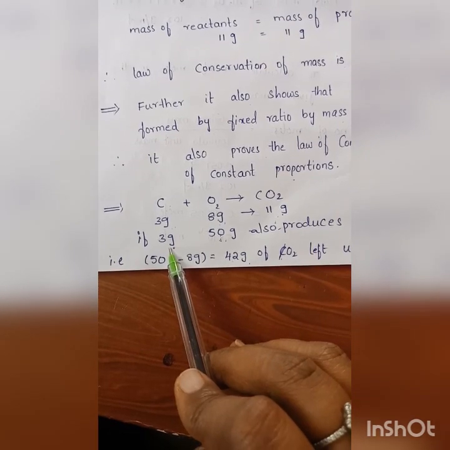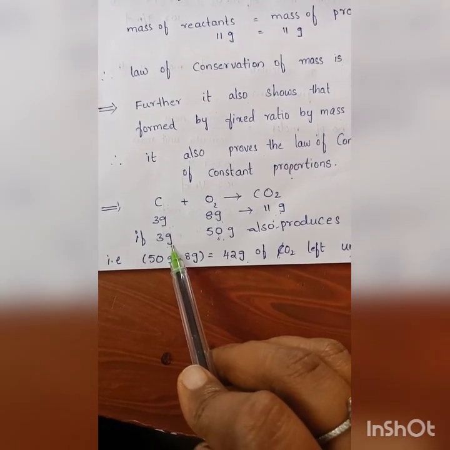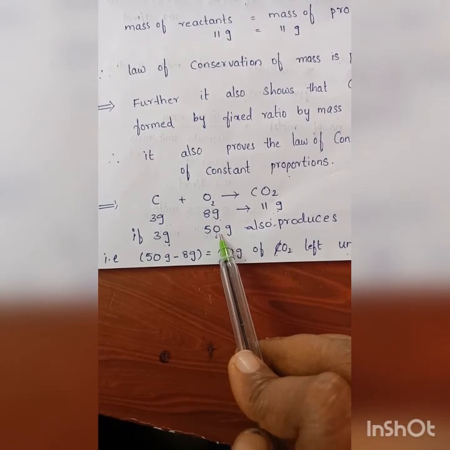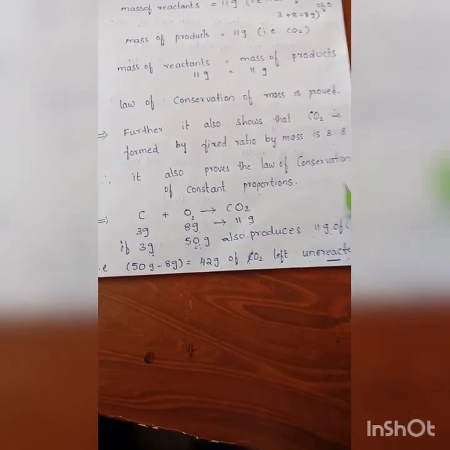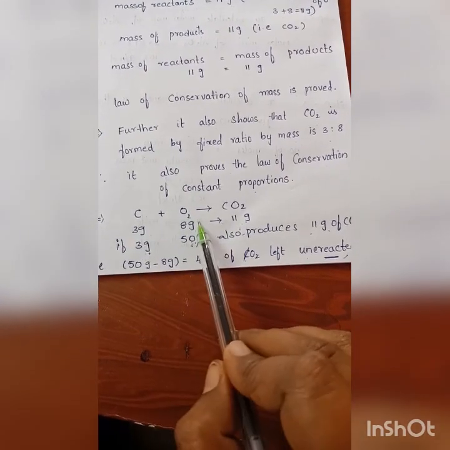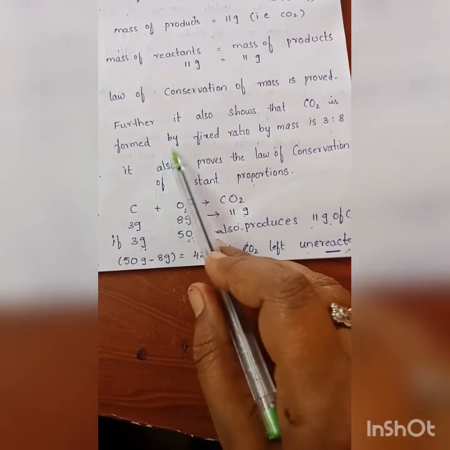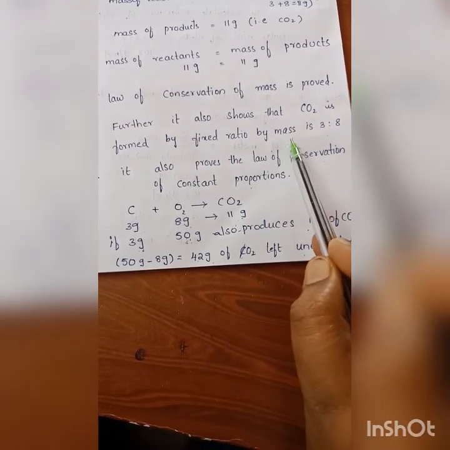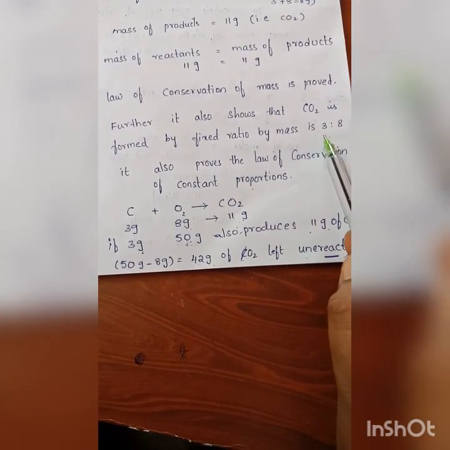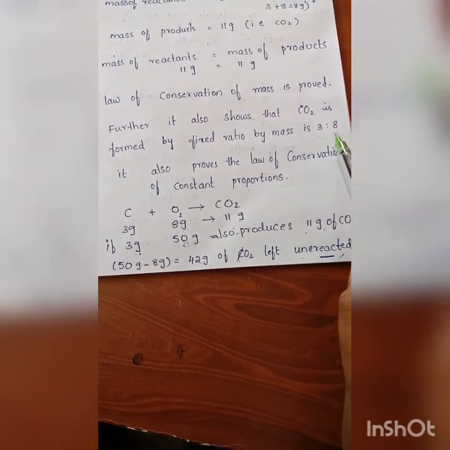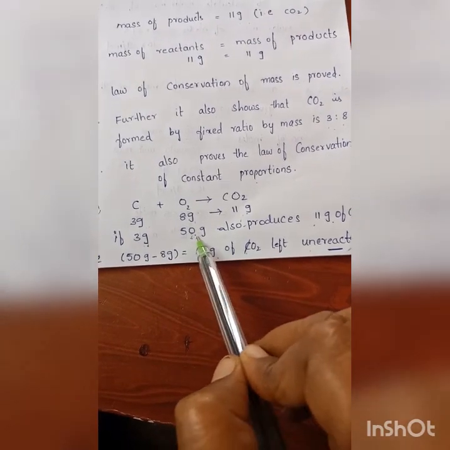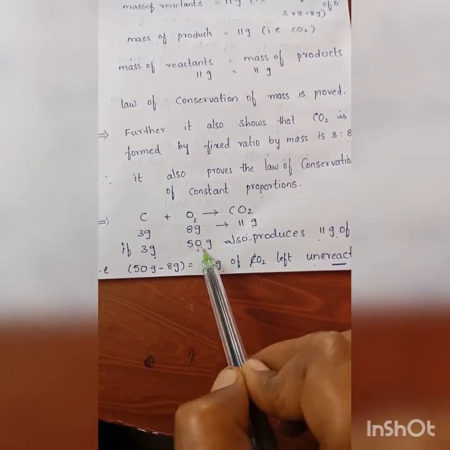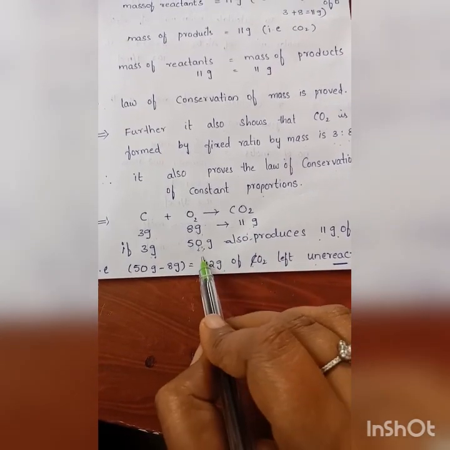If 3 grams of carbon is burned in 50 grams of oxygen, it also produces 11 grams of carbon dioxide, because the reaction of carbon and oxygen always occurs in a fixed ratio by mass. If you take 3 grams of carbon, it utilizes only 8 grams of oxygen. Even if 50 grams of oxygen is provided, it uses only 8 grams.